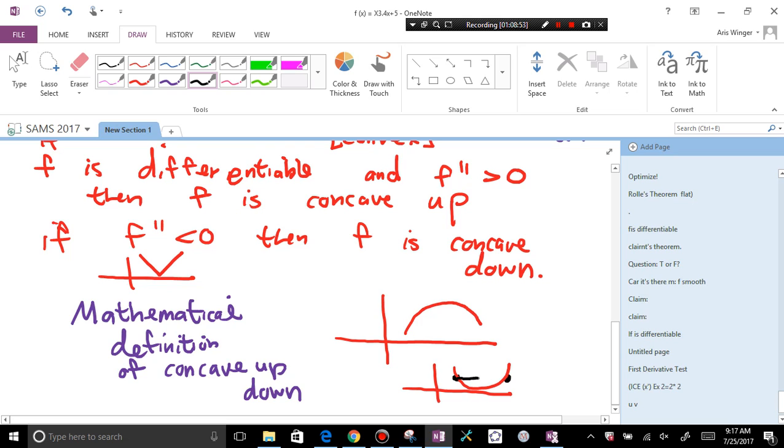What do I know about this line? Well, not only that in this particular case, but this line is always inside the graph. That's what makes it concave. So, or I should say this line is always above the graph, whatever that means, right? So take any 2 points, the line connecting them is above the graph, right?